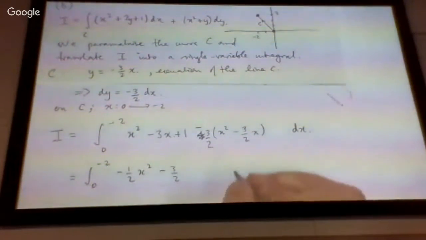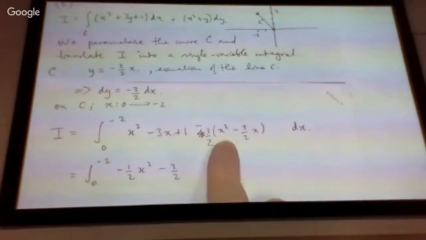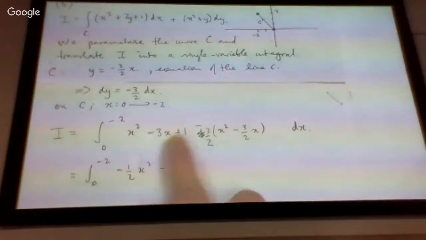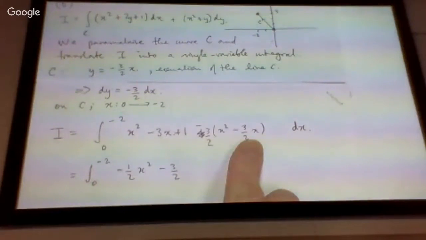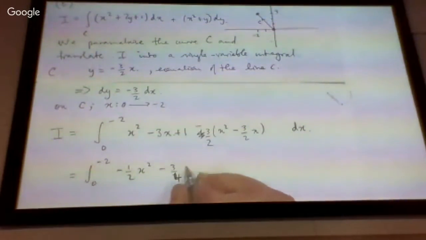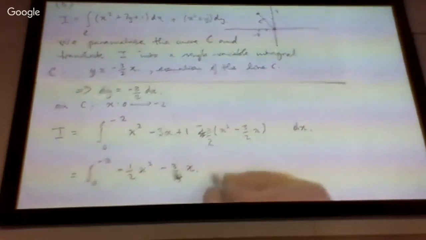Minus 3 over 2. Oh no, wait. Minus 9 over 4, indeed. So minus 3 is minus 12 over 4. Minus 12 plus 9, minus 3. Minus 3 over 4, is that correct? x. And then not forgetting the plus 1.